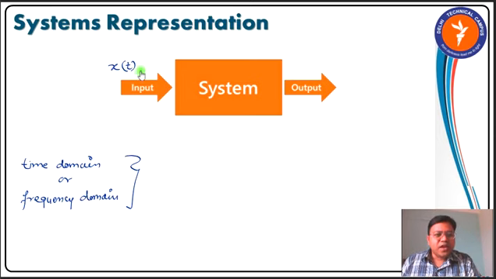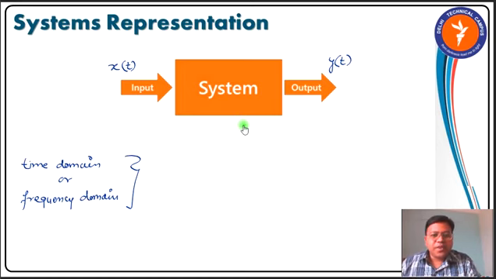Then if it is an input signal and I am getting the output as y(t), where this y is the output variable which is also dependent on time. Now this system processes this input and produces this output y(t). So this is the representation of a system.